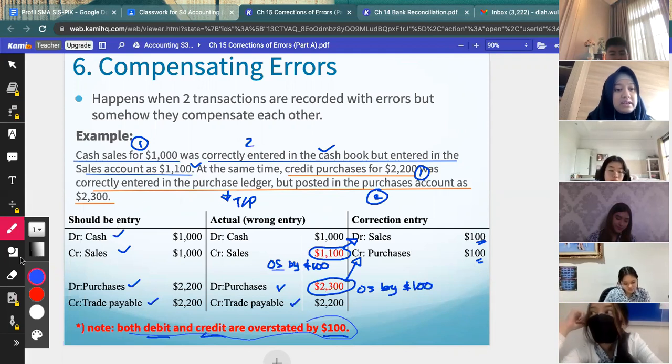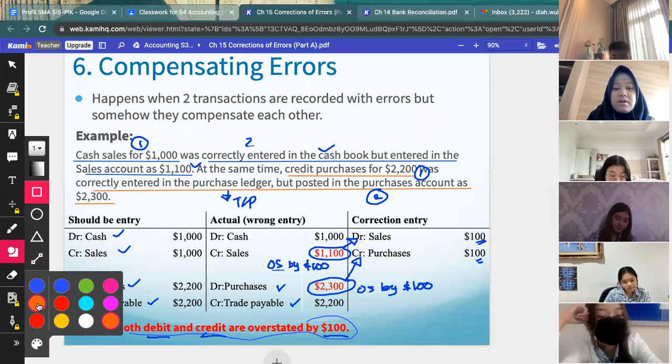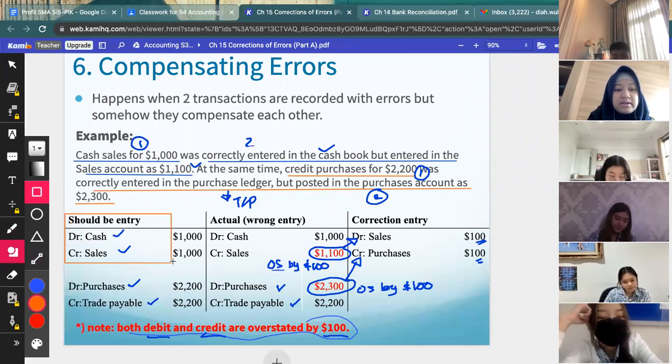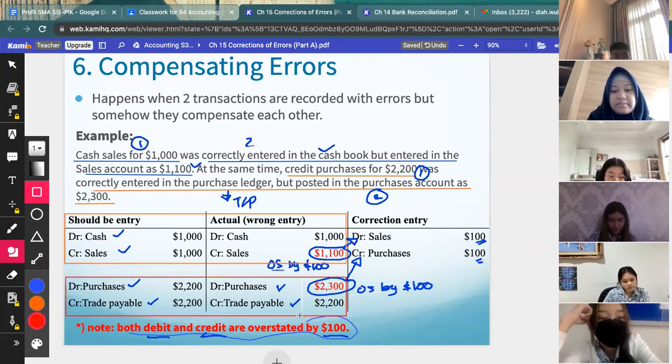So look at here, I'm going to make some shapes. The first one is to solve this one first. And then number two, solve this. And then analyze the actual or wrong entry.